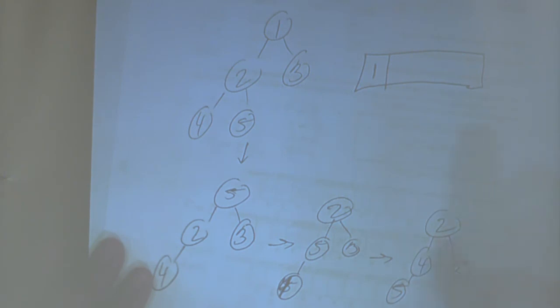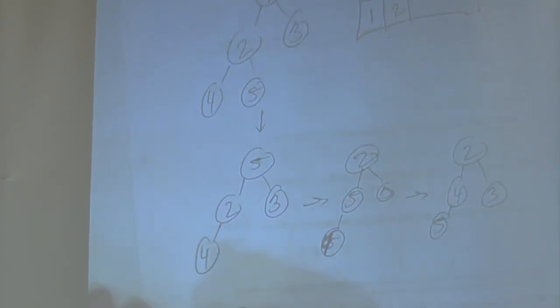Then if we call delete min again, 2 pops out, and 5 gets swapped to the root. To restore heapiness, we call percolate down on 5, and it's going to look like this.